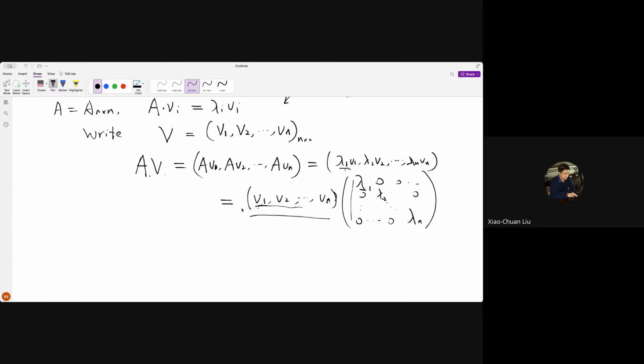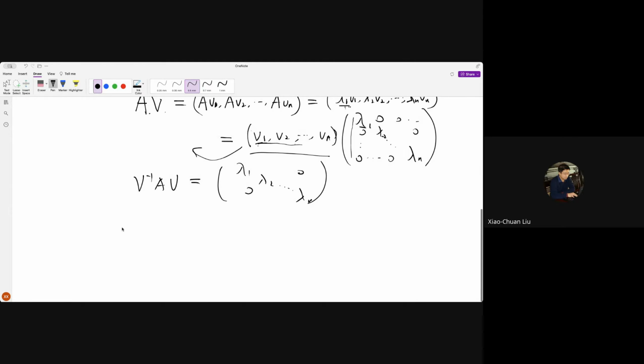So you move this to the left-hand side, and you get V inverse A V equals the diagonal matrix of lambda 1, lambda 2, and so on. Equivalently, A will be V times this diagonal matrix times V inverse.